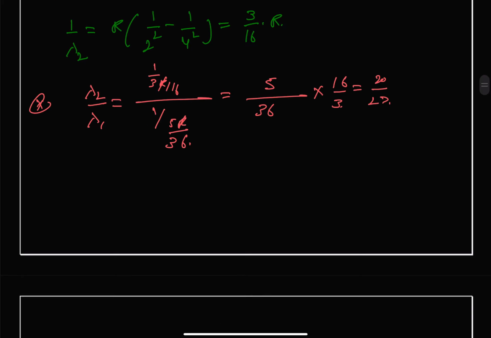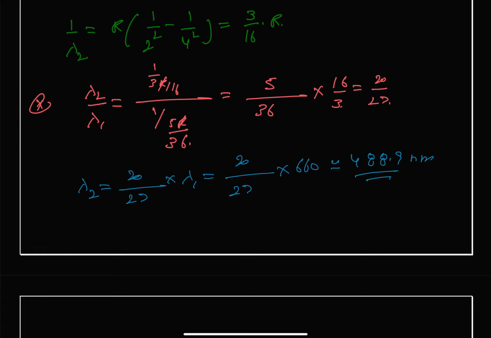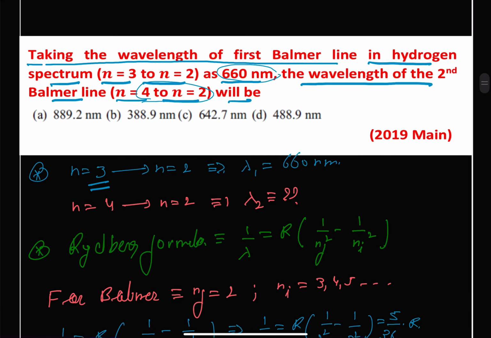Therefore we can write that our lambda 2 will be equal to 20 upon 27 multiplied by lambda 1, and lambda 1 we already know is 660. So this approximately comes as 488.9 nanometers. So option D is correct.